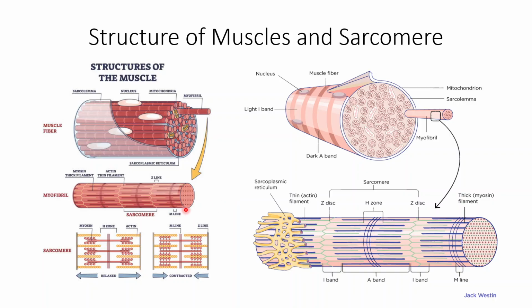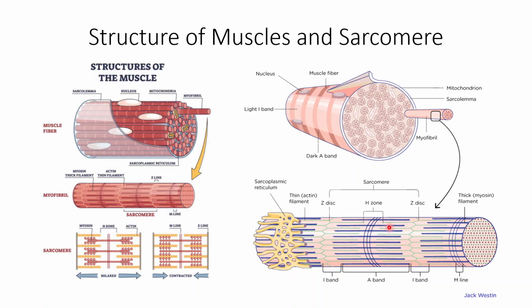So the sarcomere is the functional unit of the skeletal muscle, and it's the smallest unit that's capable of contraction. So what are the boundaries of this sarcomere, right? It is the Z line, or the Z disc, as people call them. So there's a Z disc at either end. Here in this one, it's easier to see, right? You have a Z disc here and another one here. And these are the boundaries of the sarcomere.